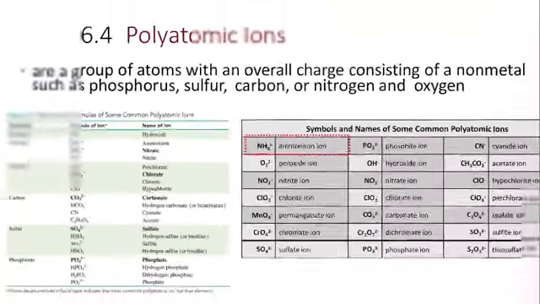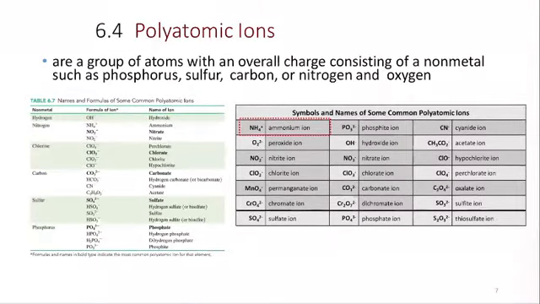So when it comes to the polyatomic ions, you need to be familiar with both of these tables: Table 6.7 from the textbook, and the table that is given on the other side, which is in the reference list for the exam.